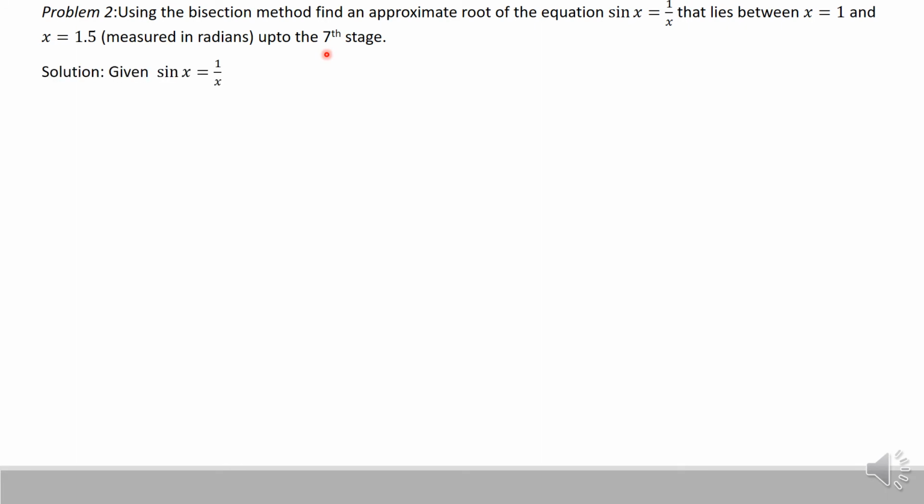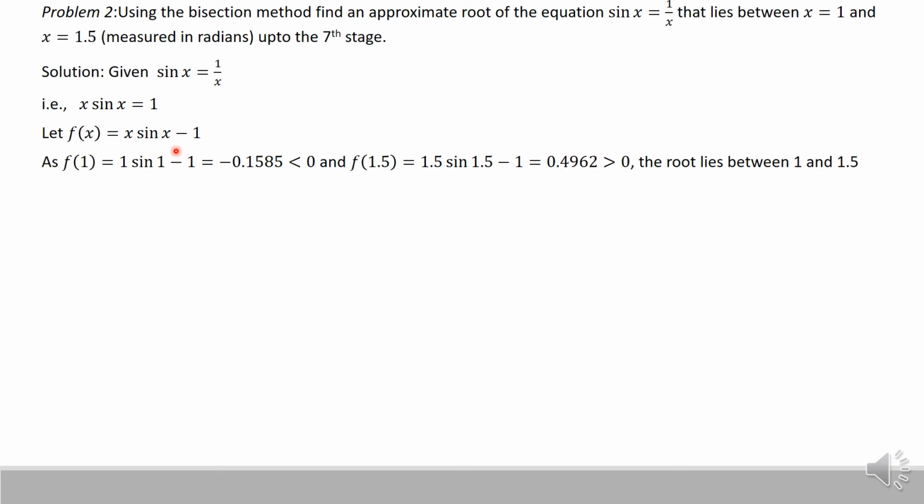So let us consider the function f of x to be equal to x sin x minus 1. Now it is given that the root lies between x is equal to 1 and x is equal to 1.5. So you can just check f of 1 is negative, f of 1.5 is positive. So the root lies between 1 and 1.5.